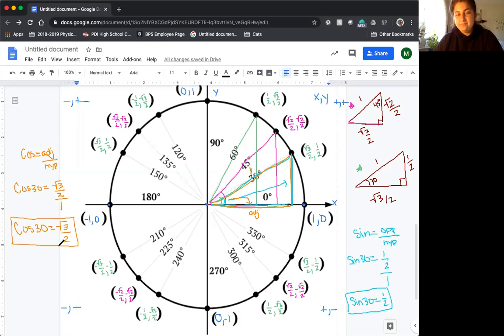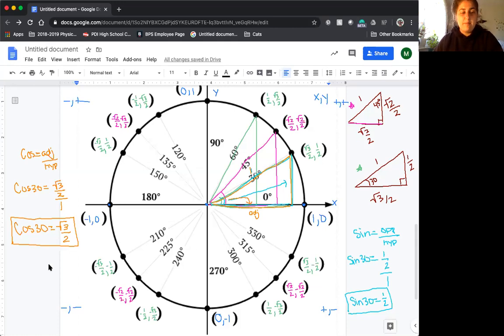So the end goal that I want you to get from this is how we created the unit circle, okay? You don't have to fully understand this yet, but I want you to start to visualize it, that when we did the cosine and the sine, right, of 30 degrees, we just figured out that sine of 30 was just the y value, and cosine of 30 was just the x value. And that's true for all of these points, right?